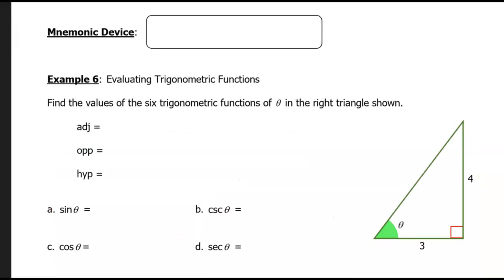Before you look at any of those trig ratios, how do you remember how to set up your trig ratios? What is the thing going through your brain when you hear trig? SOHCAHTOA. It is like the most famous thing associated with trig.